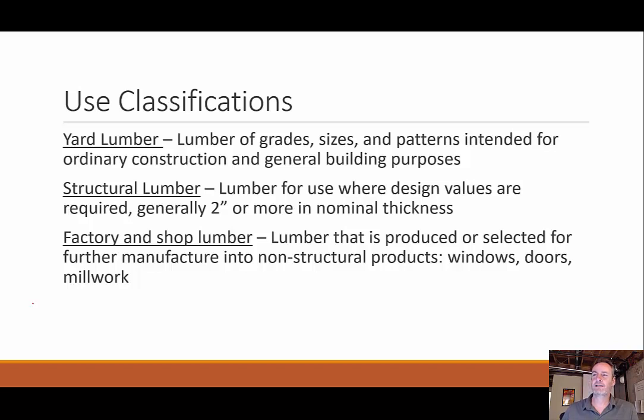So we need to know the strength of the lumber. And the last type of use would be factory or shop. This is lumber that we're going to further use in the manufacturing process, not structurally, like the structural components of a building, but if we're constructing windows, doors, or trim or anything like that, you're taking the wood products and milling them down in some way to fit your purpose.